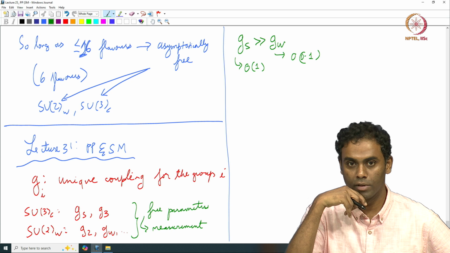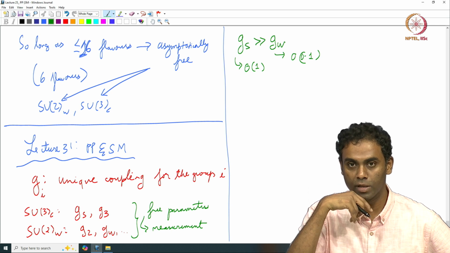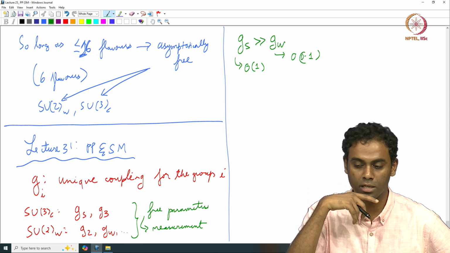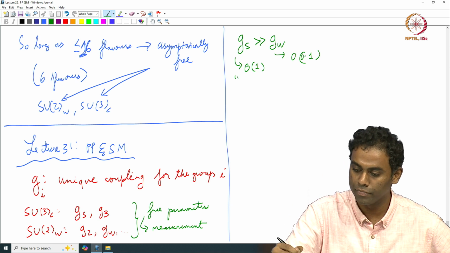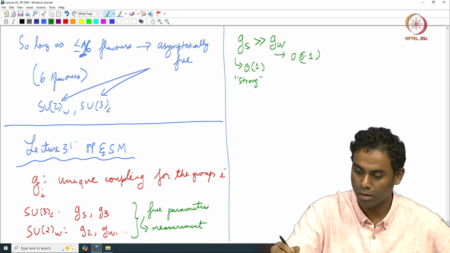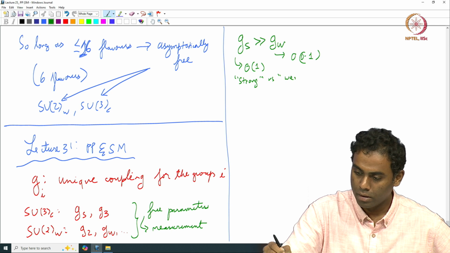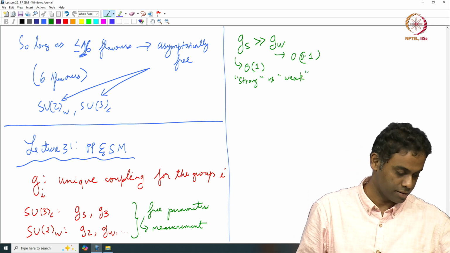Okay, this is literally where we get these concepts. Okay, whether there is asymptotic freedom or not, etc., none of that matters for defining strong versus weak. Okay, excellent.